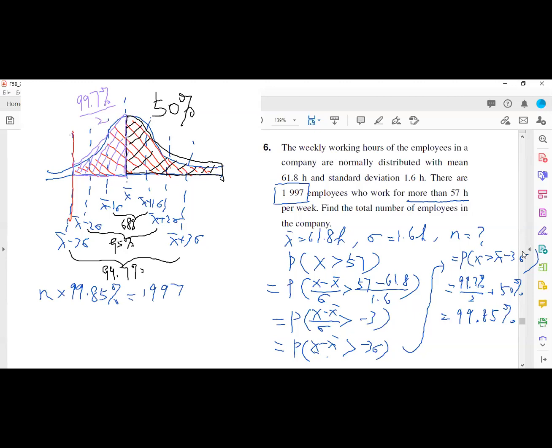It's okay? So n will be equal to 1997 divided by that number. Okay? So it should be 2,000. Therefore, the total number is 2,000. So that is how we can find the total number of employees.